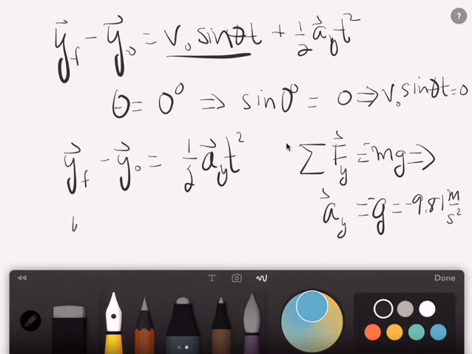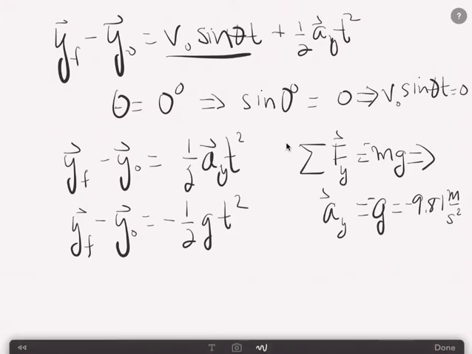So let's just go ahead and put that into this equation. So negative 1/2 g t squared. If we're going to solve for t using this equation, we would multiply both sides by a negative 2 over g. A negative 2 times a negative 1/2 is just going to be 1, and then g over g is going to be 1.